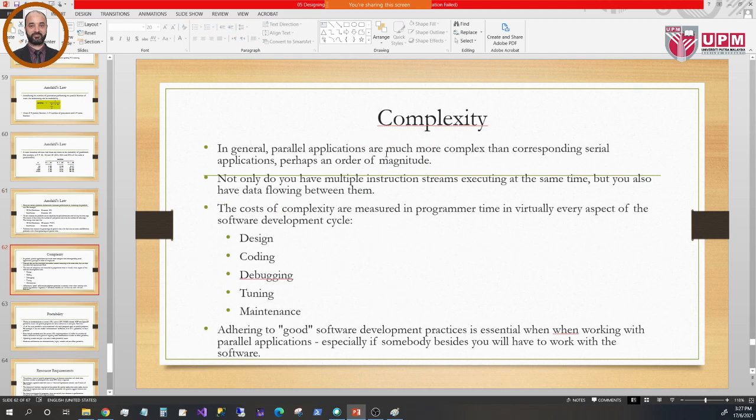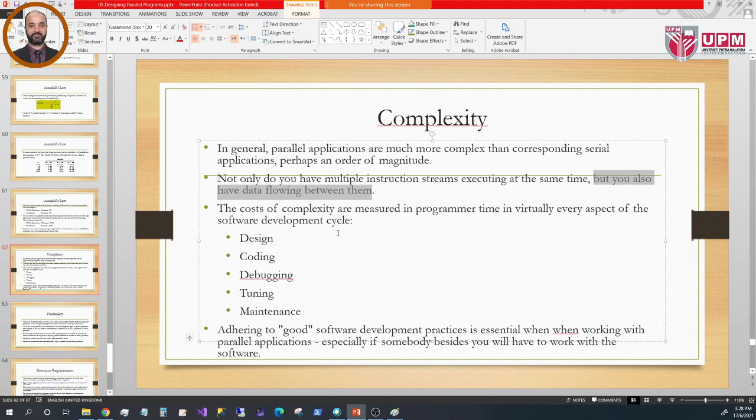So here, in general, parallel applications are much more complex than corresponding serial applications, perhaps an order of magnitude. So not only do you have multiple instruction streams executing at the same time, but you also have data flowing between them. So the data flow is very important here between the tasks, which is considered a parallelism inhibitor.